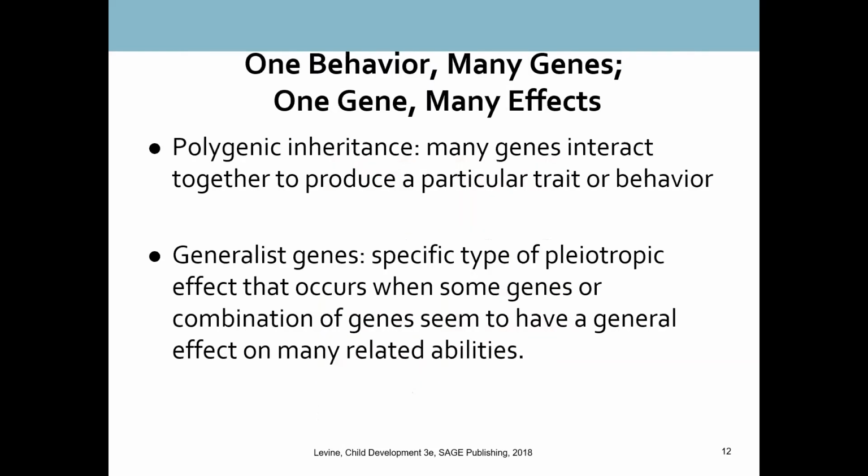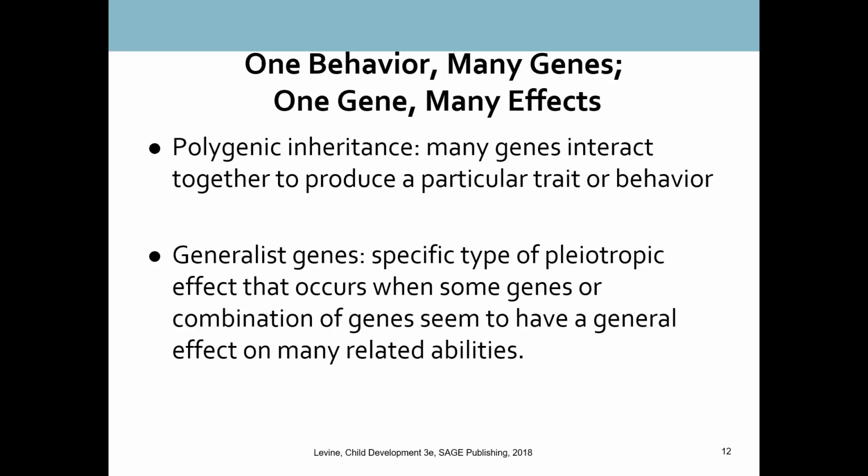Okay, as I was saying earlier, it's only simple characteristics that rely on a single pair of genes, like your eye color. But because most human characteristics are complex, usually many genes act together in order to determine a trait or behavior.